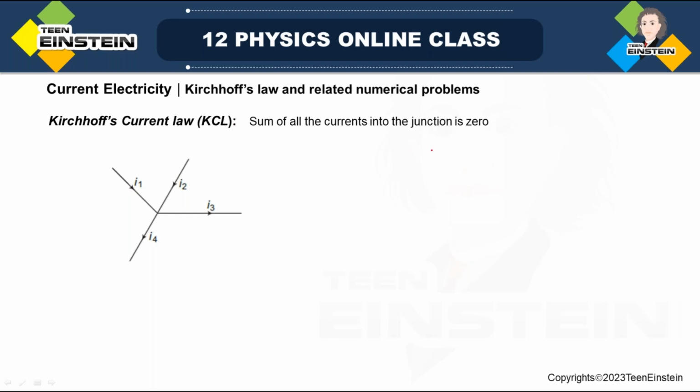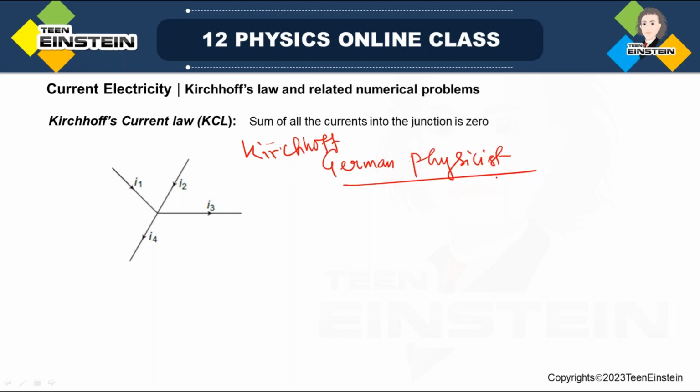Kirchhoff is actually a German physicist, and he gave two laws or two rules.